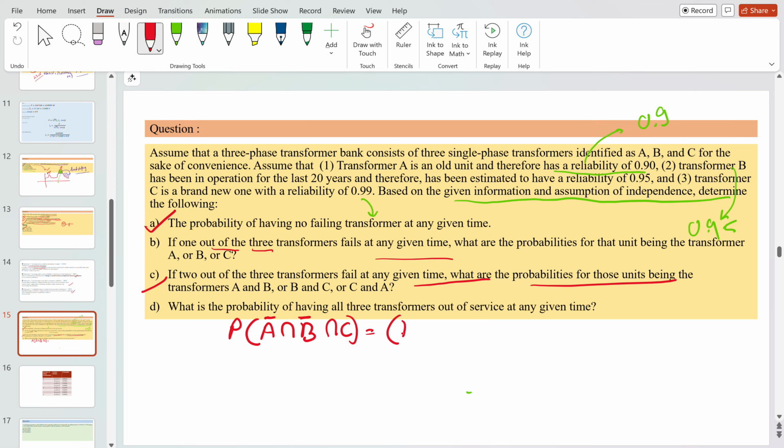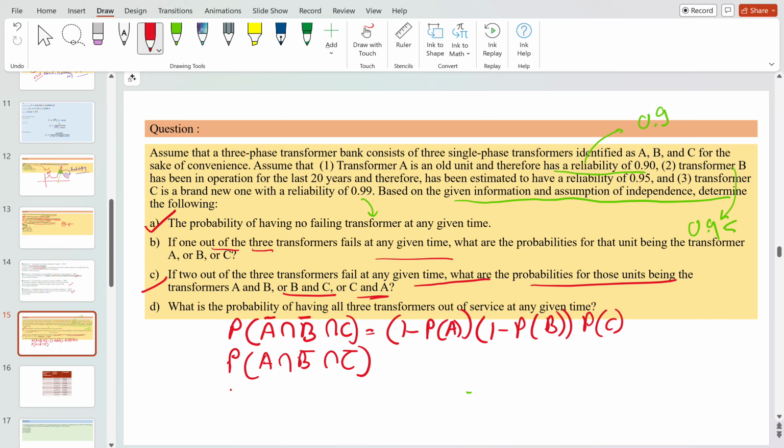So it's something like this: probability of A, 1 minus probability of B, multiplied by the probability of C. Similarly, when B and C are not operational, and also when C and A are not operational. So you have three equations for the same, and you just have to put the values.